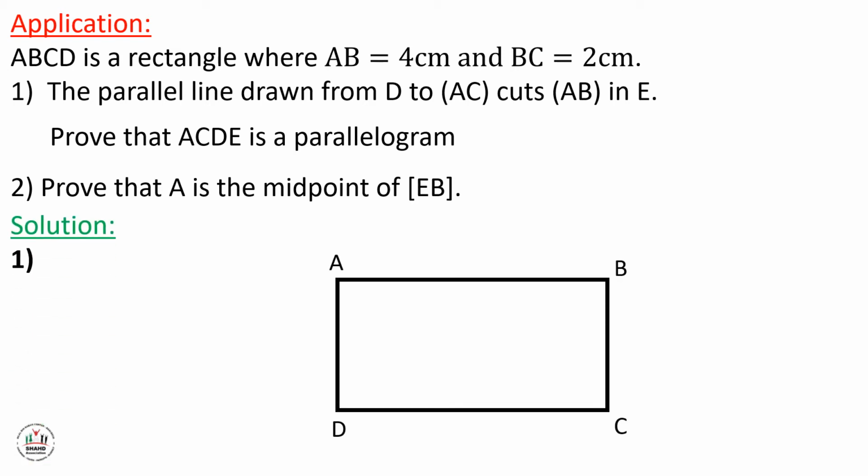To draw the rectangle ABCD, we should first draw the side AB equal to 4 cm. Then we go downward with 2 cm to draw the side BC. Or we shift 90 degrees downward to draw BC equal to 2 cm.